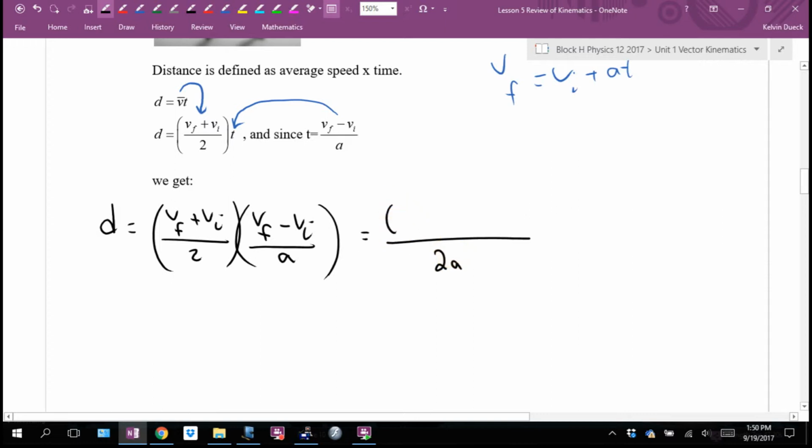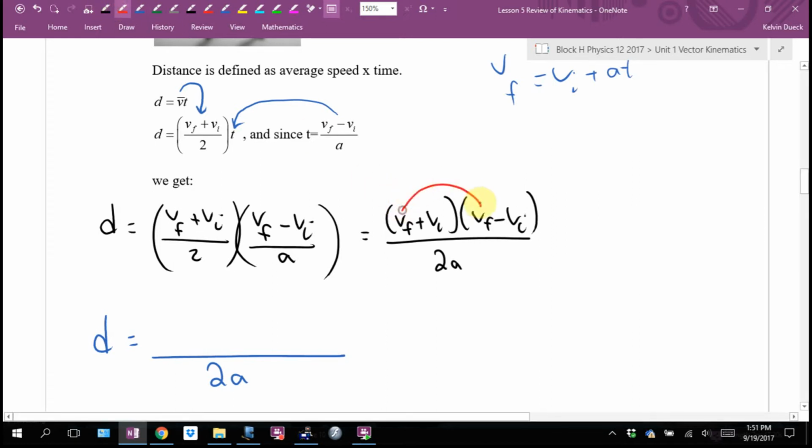Now on the top, you're going to have VF plus VI in brackets and VF minus VI in brackets. Hey, you may have recalled that's a binomial times a binomial, if I use your math terms, where you had to do this FOIL acronym. So I'm going to go D equals, there's going to be a big 2A on the bottom.